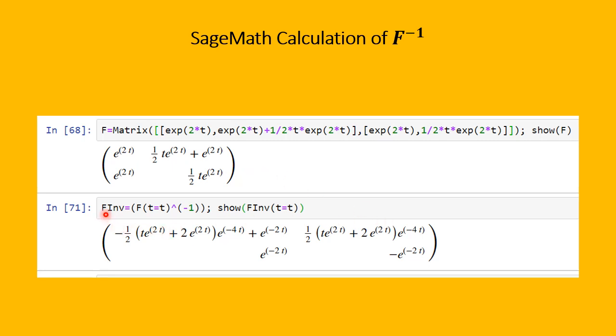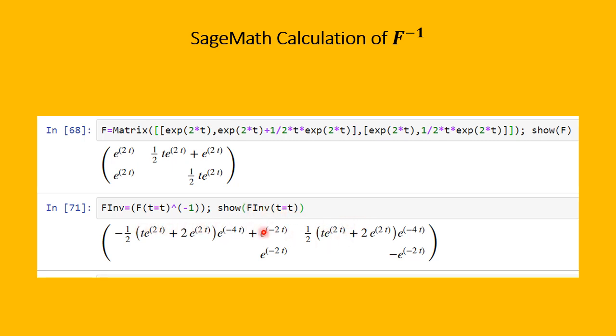Let's let FINV be our name for F inverse. And so what we'll do is we'll take the matrix F, which is up here at t equals t, and raise it to the -1 power. And so that will be FINV, the inverse of F, and then display F inverse. Well, here it is.